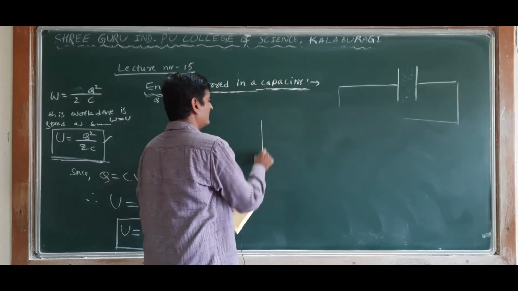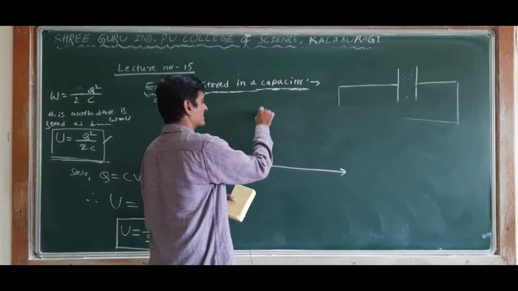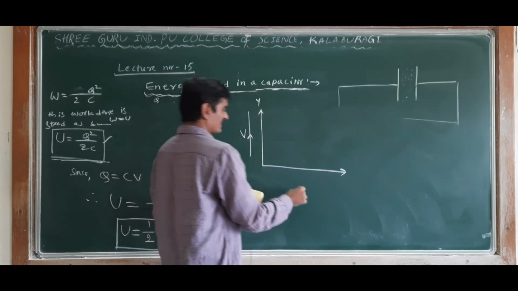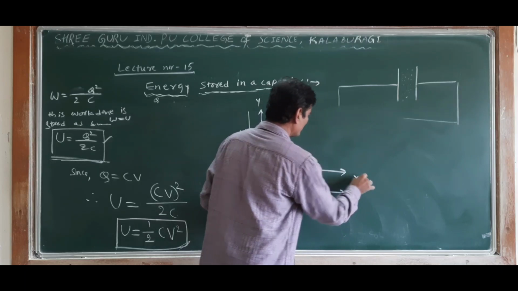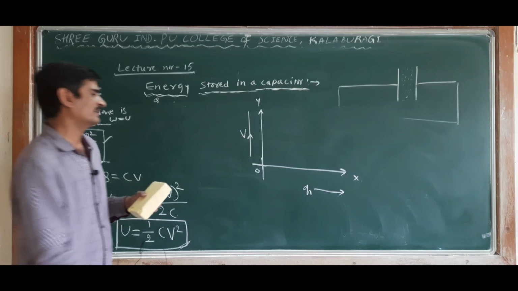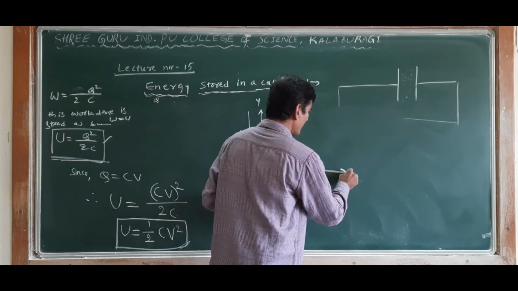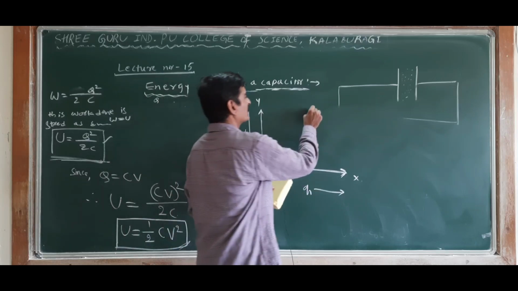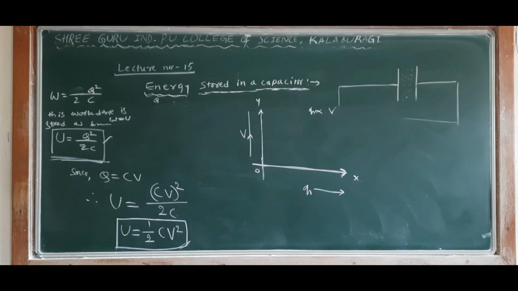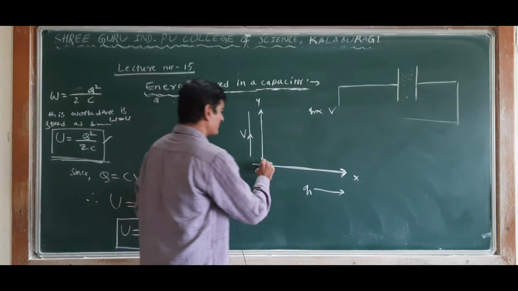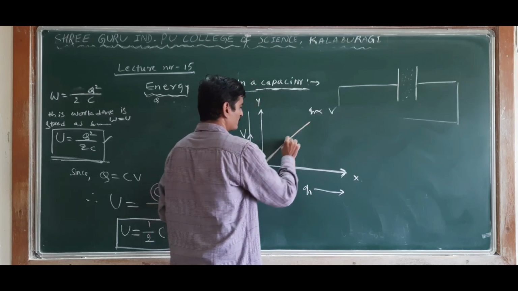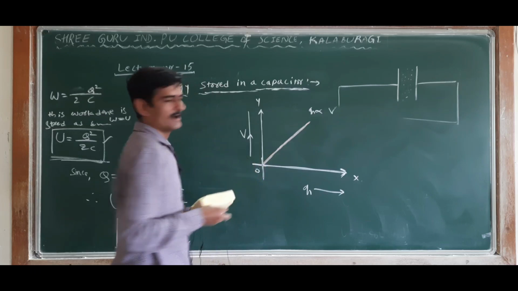If we draw a graph of potential difference against charge, with potential taken along the y-axis and charge along the x-axis, then since Q is directly proportional to V, the graph obtained will be a straight line.